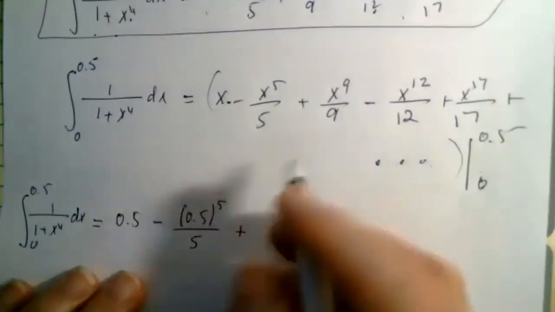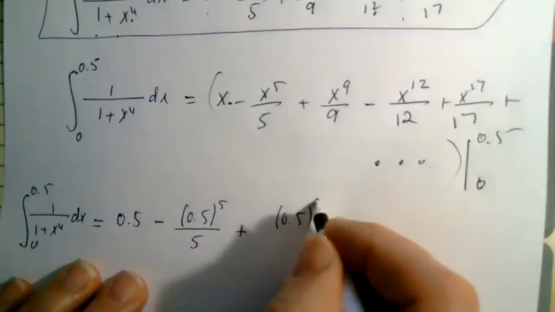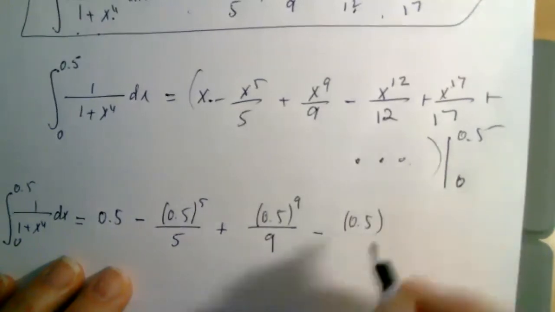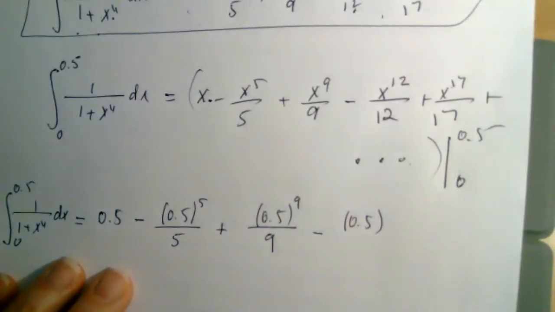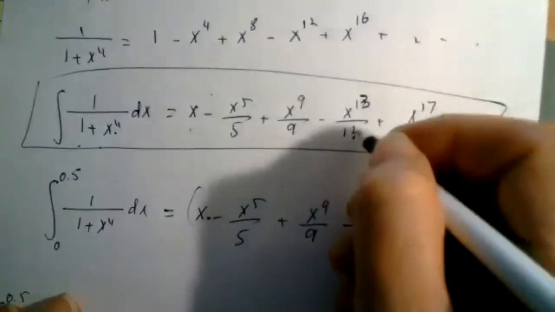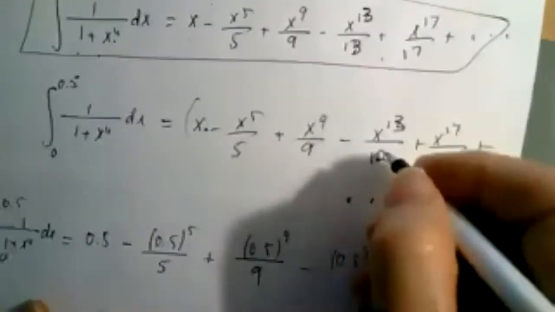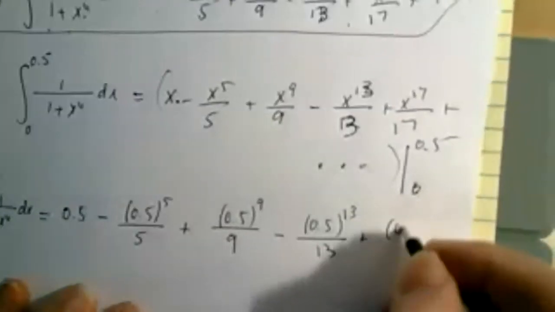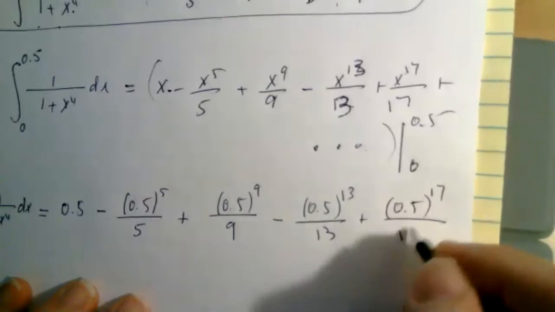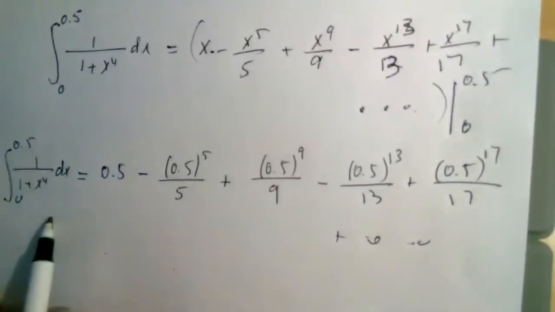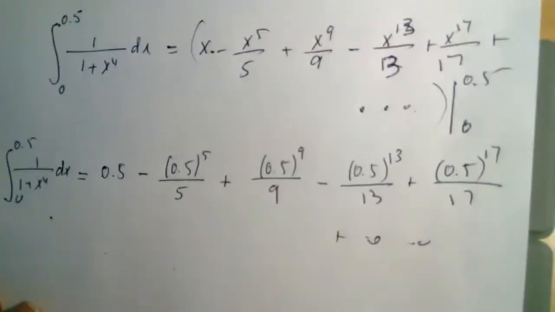So I'm writing the integral actually as a series of numbers. That's exactly what I'm doing. I feel I have something wrong, do I? Somewhere I should have 13 and I have 12. 13. 0.5 to the power 13 over 13 plus 0.5 to the power 17 over 17 plus etc. So now for the integral, there is no easy function that expresses the antiderivative.